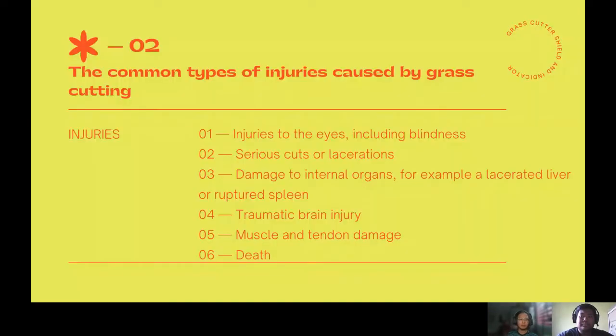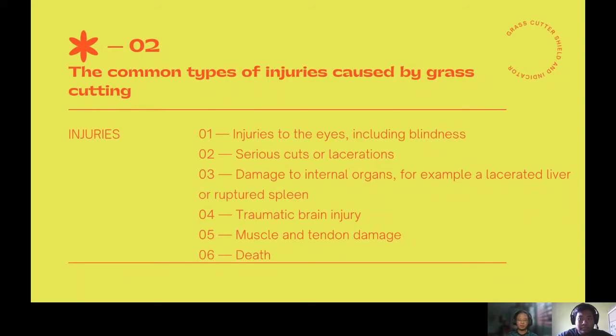So next, we talk about the common types of injuries caused by grass cutting. We have listed six types of injuries that can affect a person who uses the grass cutter and has an accident. Firstly, injuries to the eyes, including blindness, because rocks or sand fly when doing the grass cutting job.